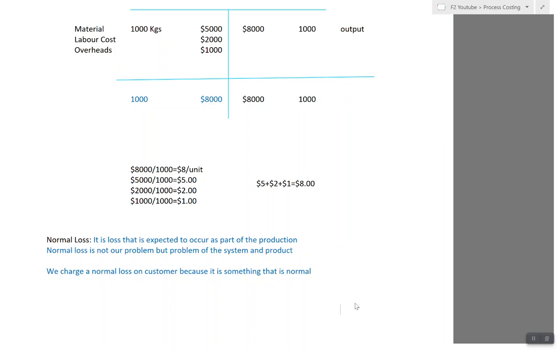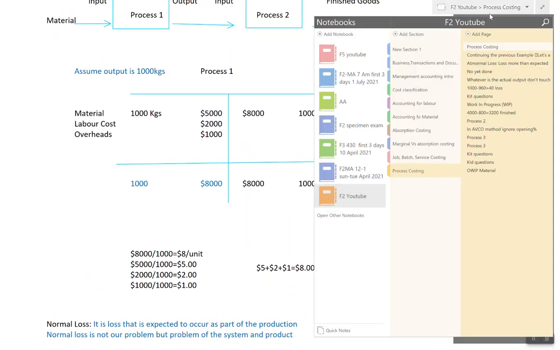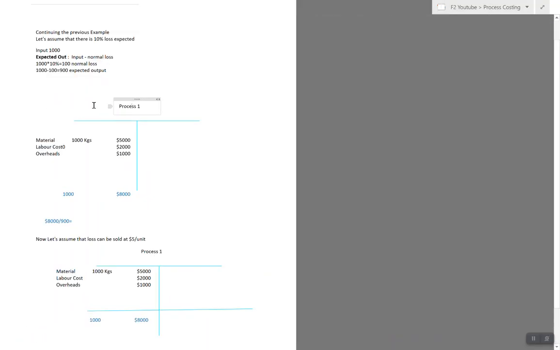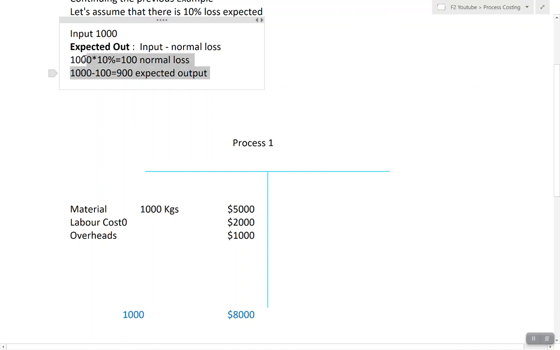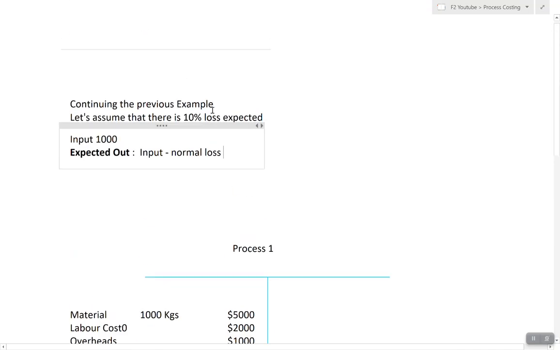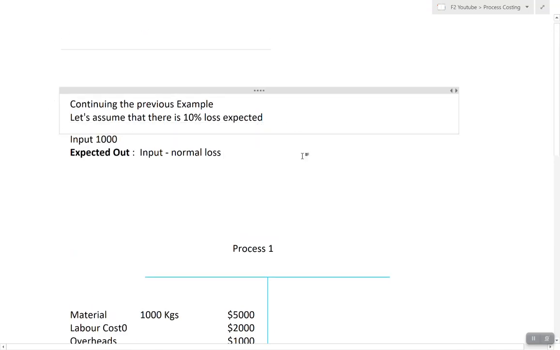Whenever we produce units, we have to keep normal loss in mind. Let's look at the same question now and assume there is normal loss. Let's assume there is 10% loss expected. Whatever we input into a production process, 10% of that is going to be wasted.